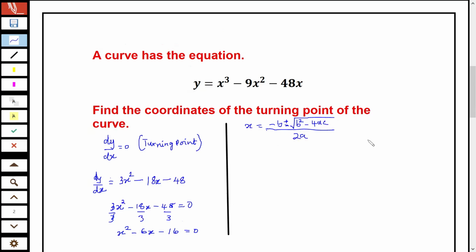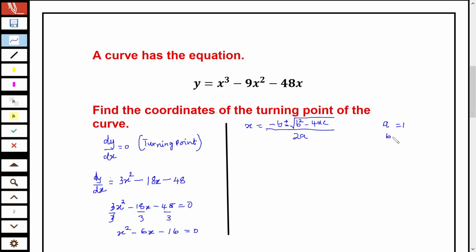Now, to apply this formula, first we need to know the values of a, b, c, and of course a will be the coefficient of x squared, and that's 1. B will be the coefficient of x, and that's -6.